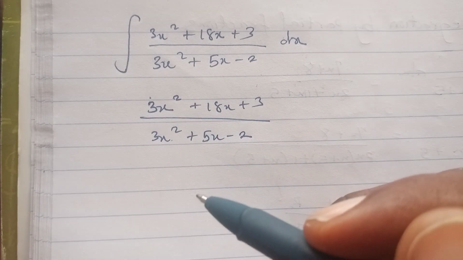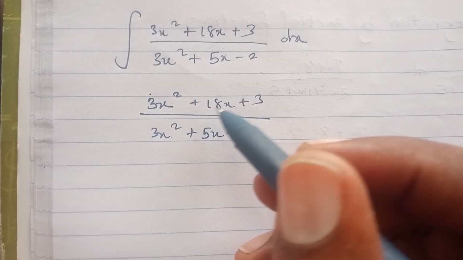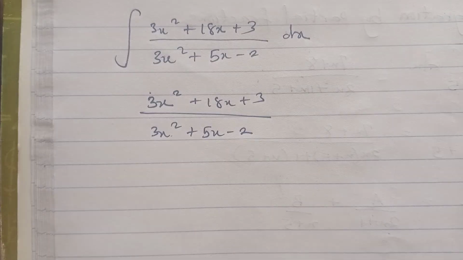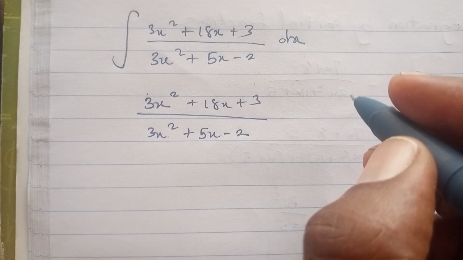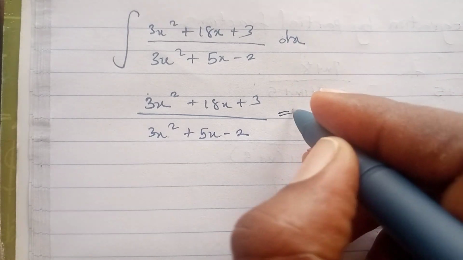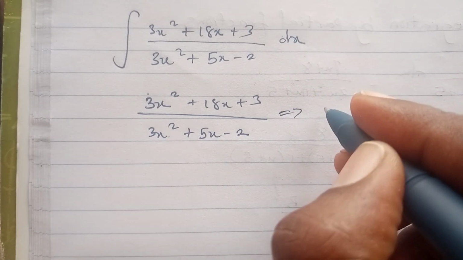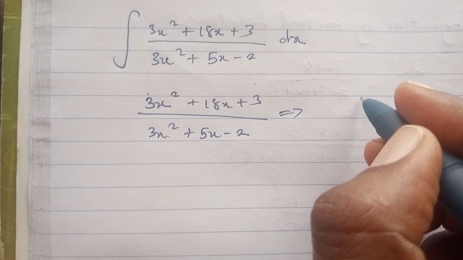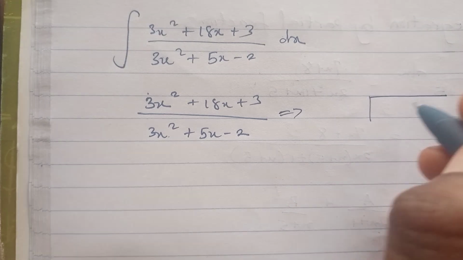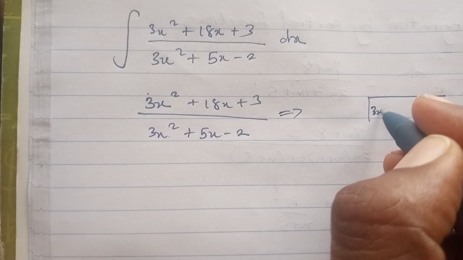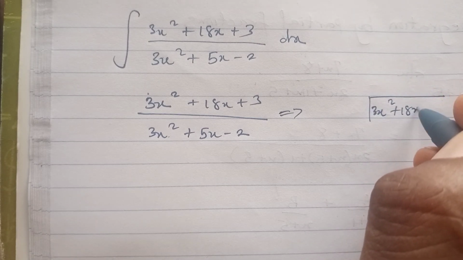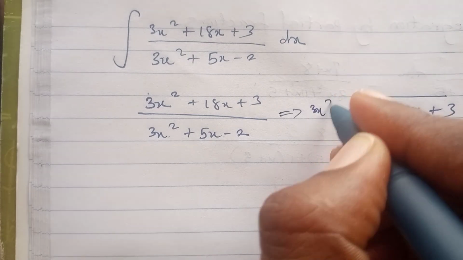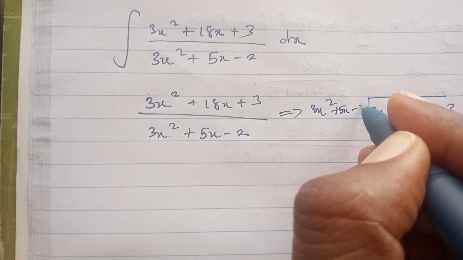So we need to use the long division method to divide it first. All right. So this is 3x squared plus 18x plus 3 divided by 3x squared plus 5x minus 2.